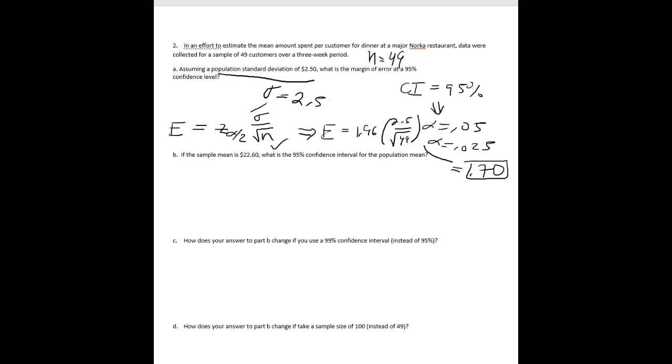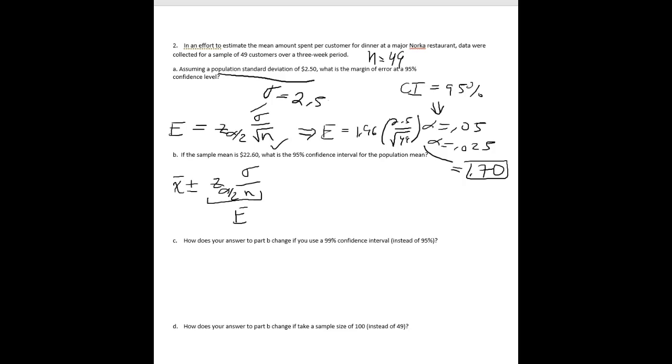For part B, if the sample mean is $22.60, what is the 95% confidence interval for the population mean? This is really easy because we already found the margin of error. Our confidence interval formula is x bar plus or minus z alpha half times sigma over root n, which is the E we just found.